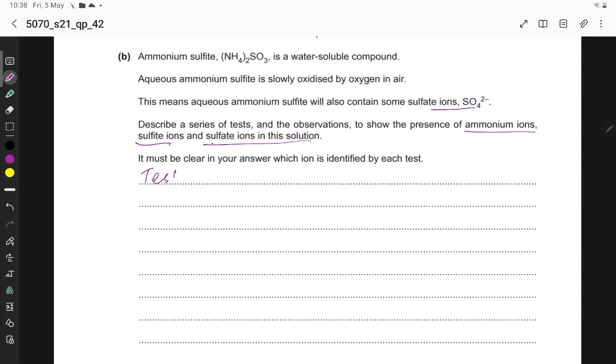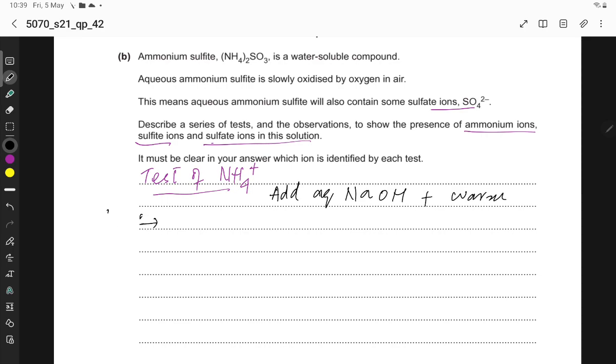Test for ammonium ion. Add aqueous sodium hydroxide plus form the solution.